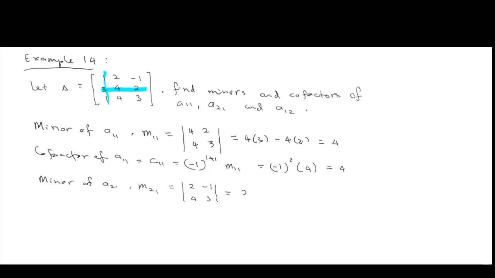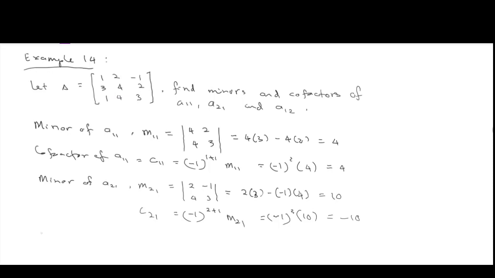So the minor is 2 times 3 minus -1 times 4, which is equal to 10. So the cofactor C21 is equal to -1 to the power of 2 plus 1 times the minor, which is equal to -1 to the power of 3 times 10, equal to -10.